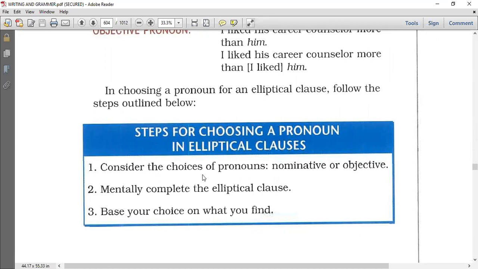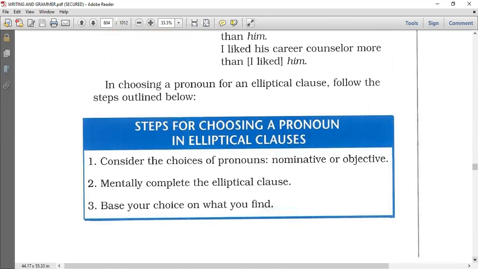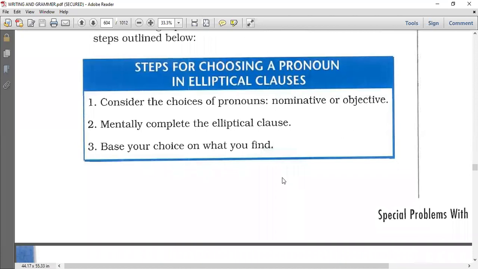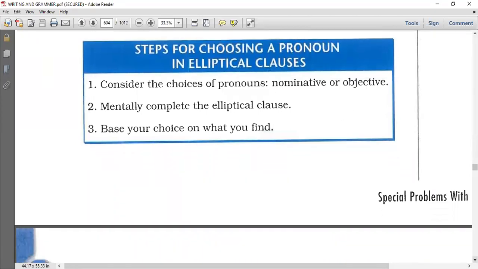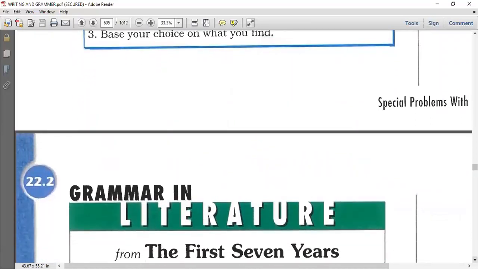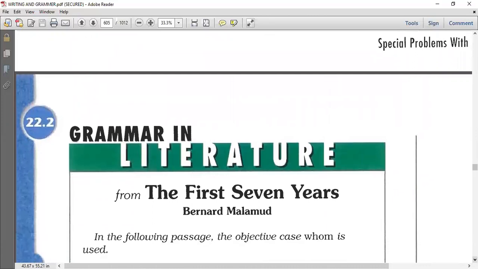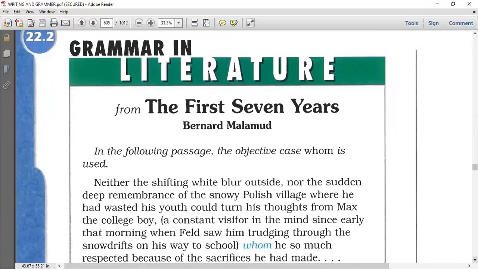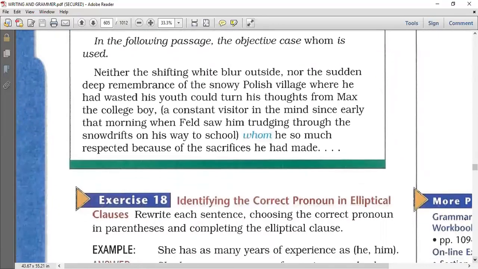Number 1, consider the choices of pronouns, nominative or objective. Number 2, mentally complete the elliptical clause. See the deleted parts and complete them. Number 3, base your choice on what you find. Again, if the deleted part comes before the pronoun, use the objective pronoun. If the deleted part comes after it, use the subject pronoun.